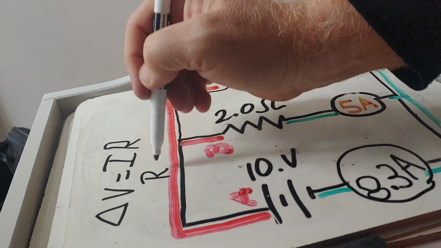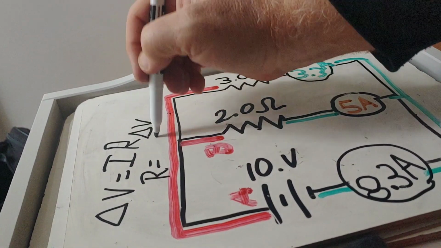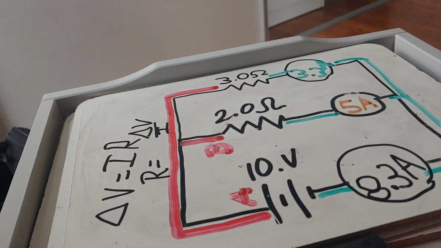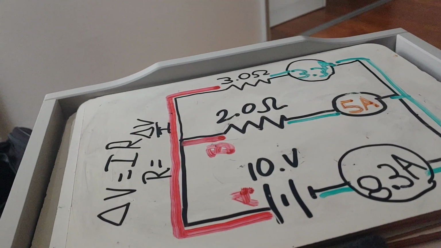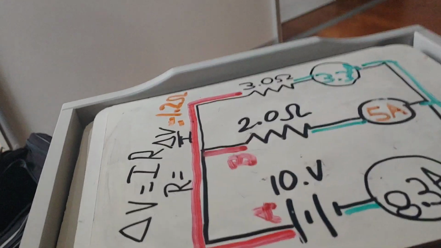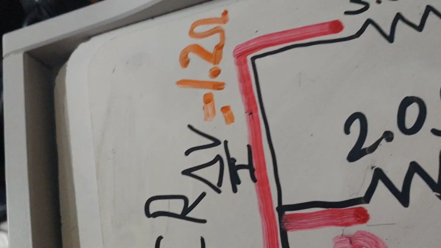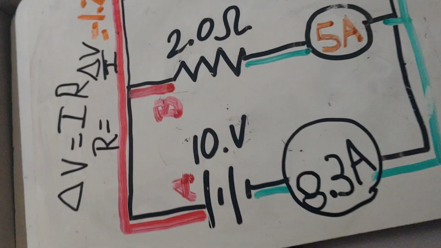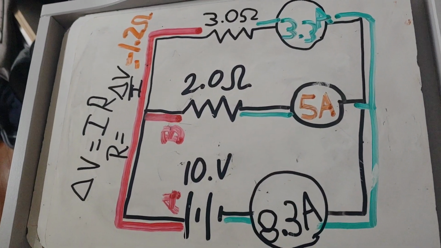Well, R must be delta V over I. That's 10 volts divided by, let's call it 8 1/3 amps. 10 volts divided by 8 1/3. Why, that sounds like 1.2 ohms. 1.2 ohms is the total resistance going around this circuit.